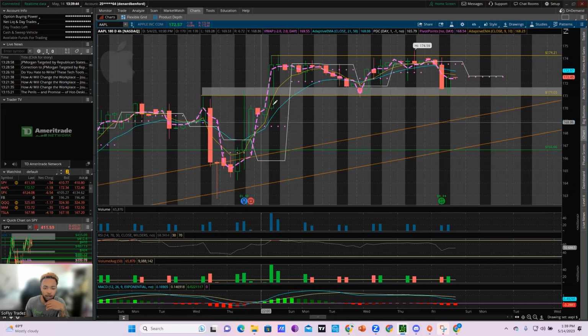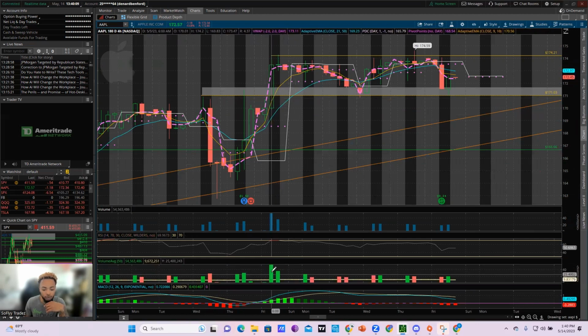As you can see here, this was resistance. Boom, turned to supply, broke above it, and now it's holding it. In my trading course for beginners video, I'll talk about this: when support turns to resistance and resistance turns to support. You see how this was resistance? Price was rejected, finally broke above, but it had to break above this key level with a lot of volume.